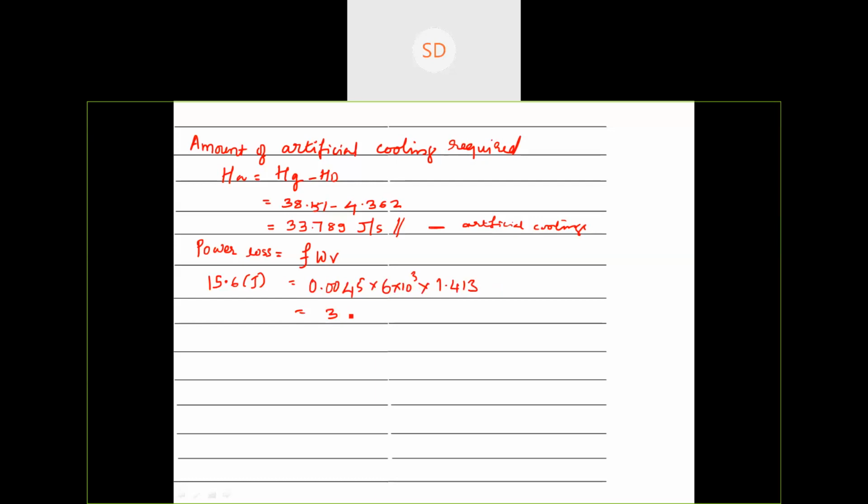If you calculate this, you are going to get the loss of power as 38.51 joules per second. Okay.